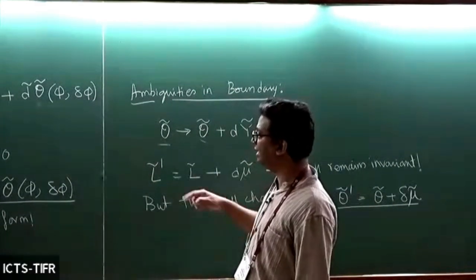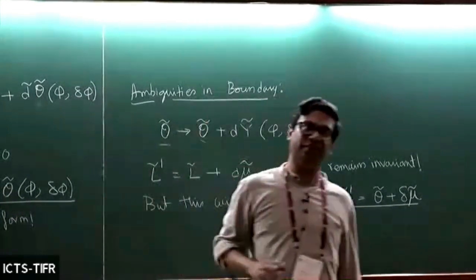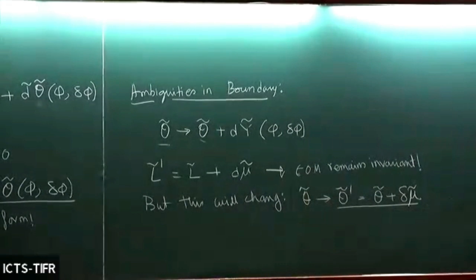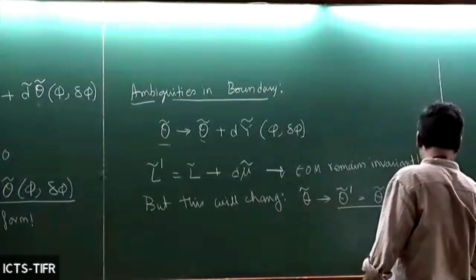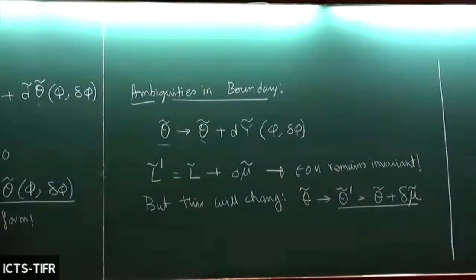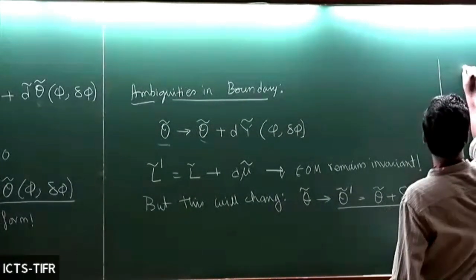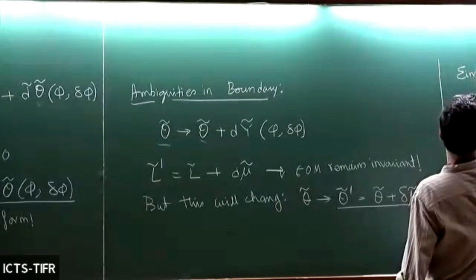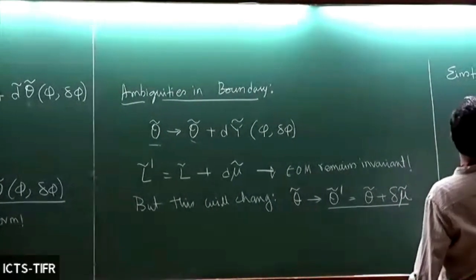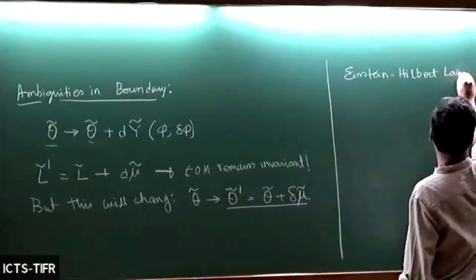Of course, that is there in classical mechanics too, and it's a function of the field configuration and the variation of the field configuration. Okay, good. With this, let me take the example of the Einstein-Hilbert Lagrangian, just to see how things look, because with an example, things will be much clearer.